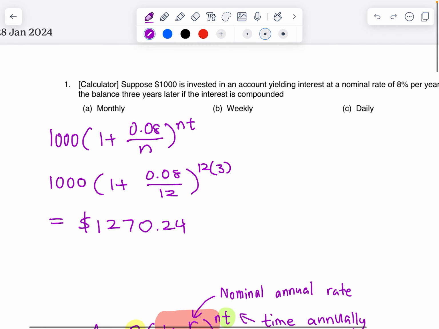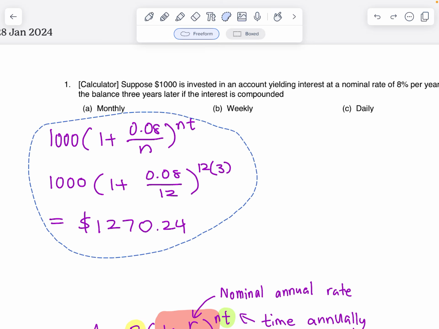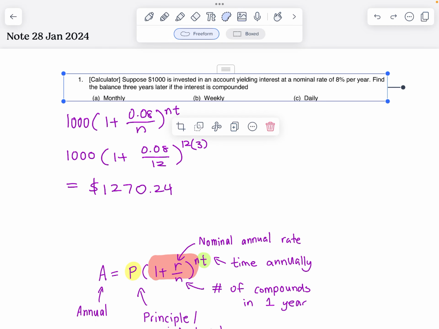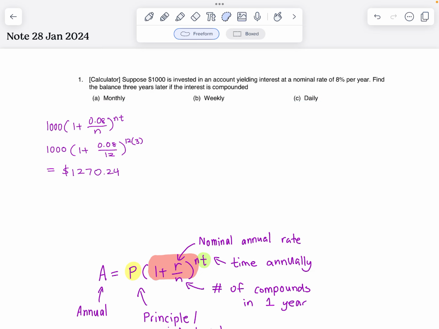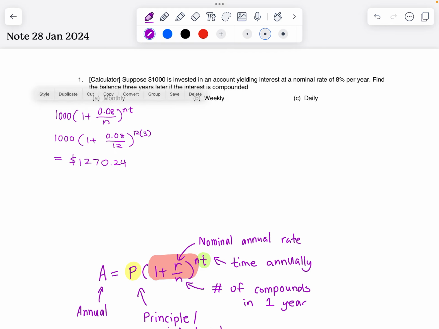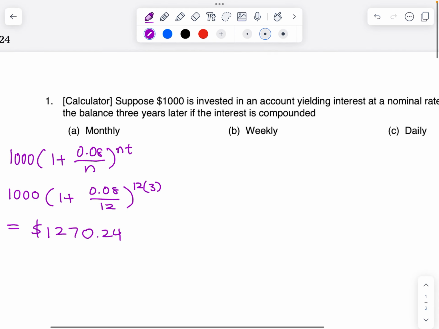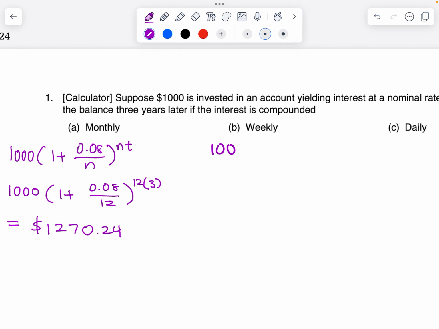Now if I say weekly, let's try weekly. Let's try doing it a little bit smaller. Okay, if it's weekly, the same thing applies. We start off with the 1,000, and then we have 1 plus 0.08.